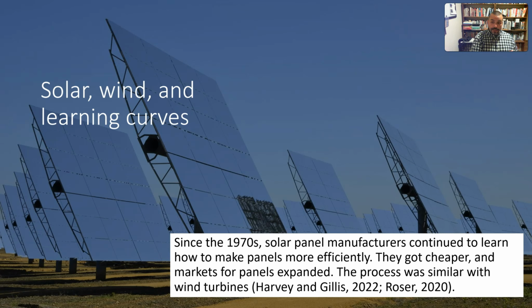Wind turbines, although we don't get into that story specifically in this lecture, basically followed exactly the same pattern. So again, wind turbines in their modern form have been around since the 1970s, but they weren't widely used because they were too darned expensive. But as more and more people started to install them, they got cheaper and cheaper, creating an incentive to install more and more of them.